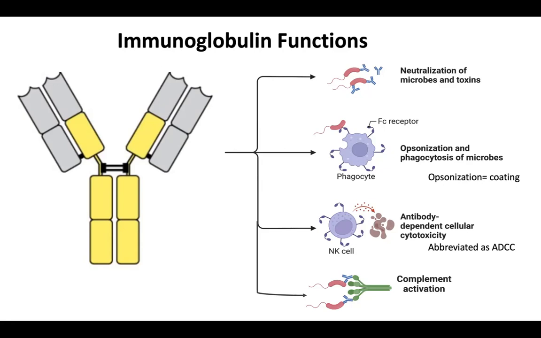By coating the target with immunoglobulins, it makes it easier for the innate immune cells to recognize the target that needs to be eaten. Besides this, coating the target can also help bring the killer cells to the target to kill those cells.